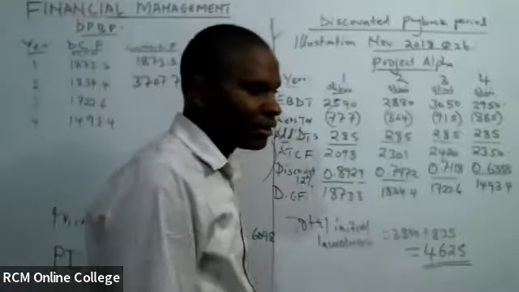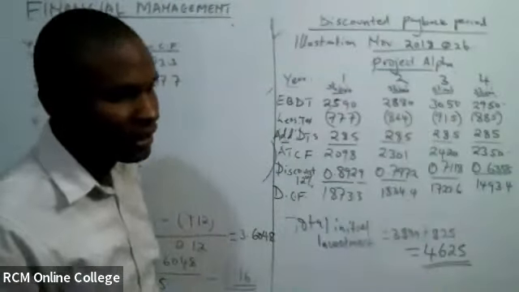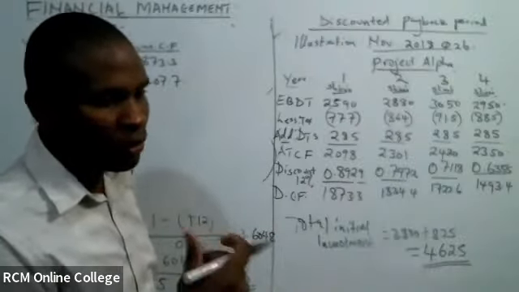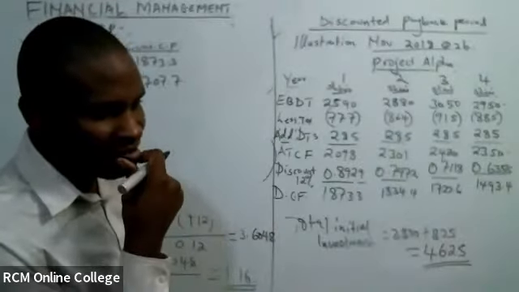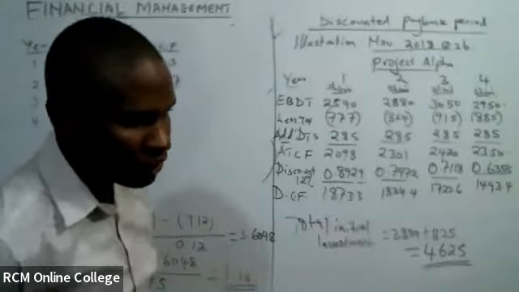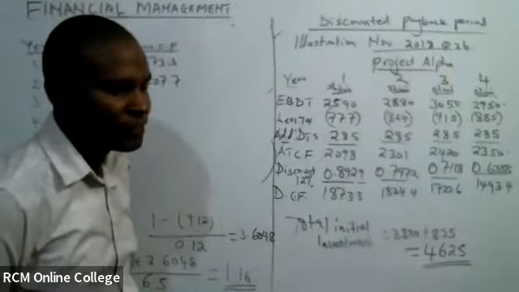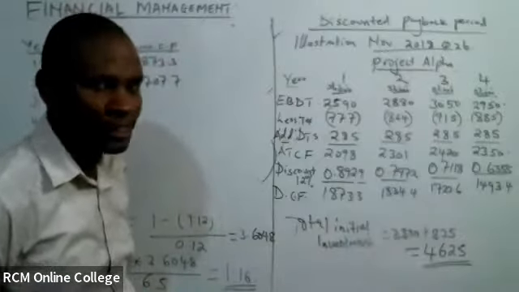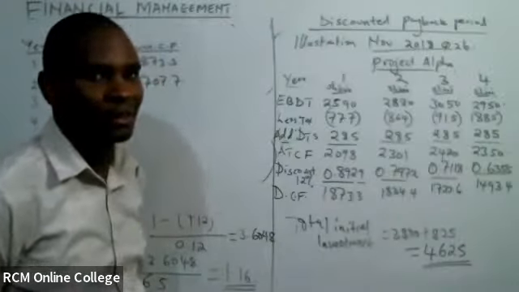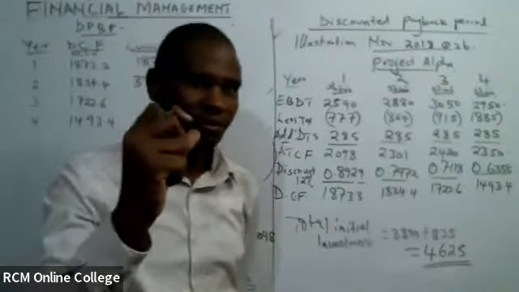Tunasema kwamba the initial outlay it has several components. Ngoja kidogo we, wait a minute. Nasema initial outlay has several components. One of the components is the cost of that item, right?